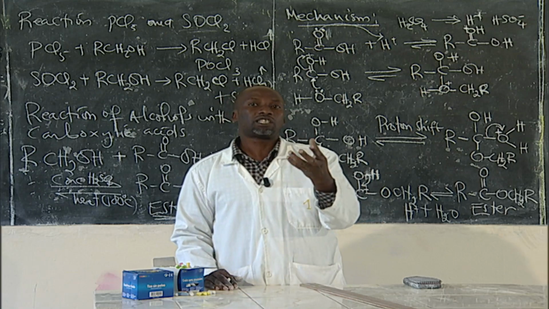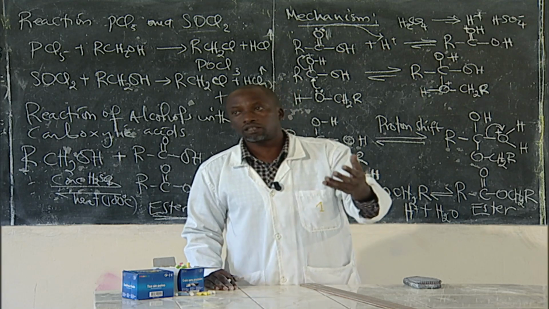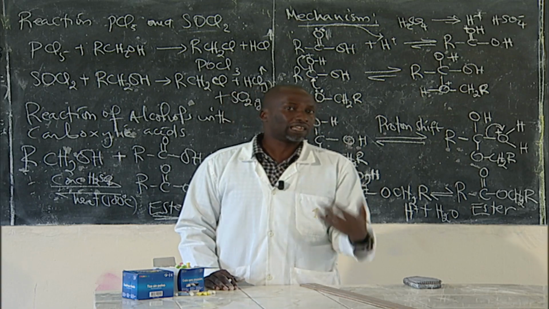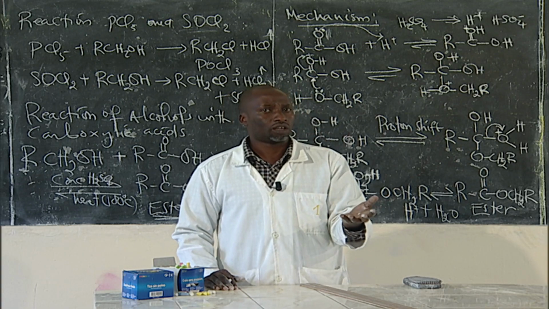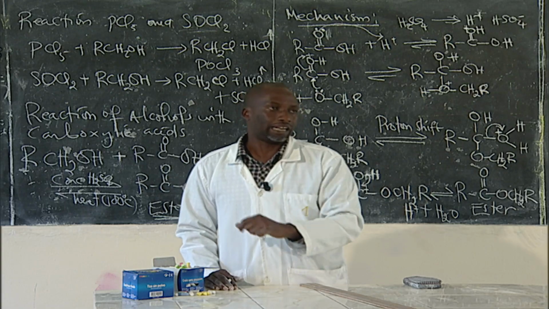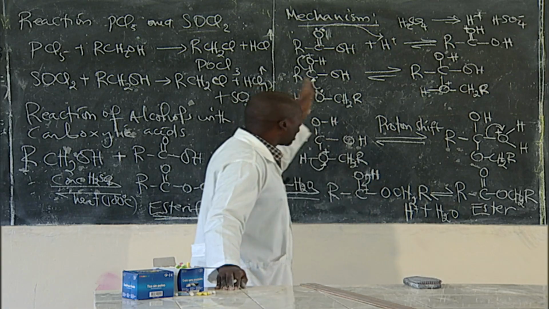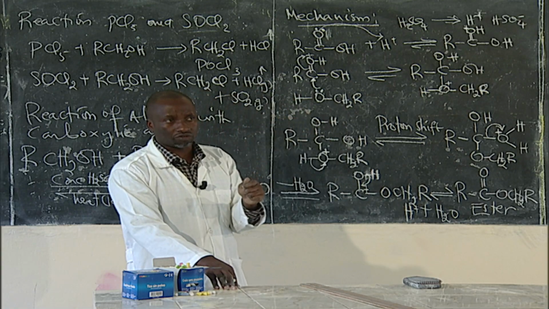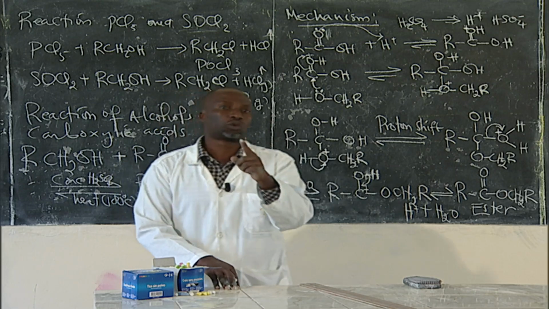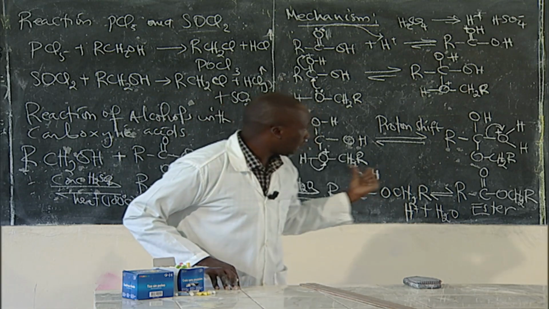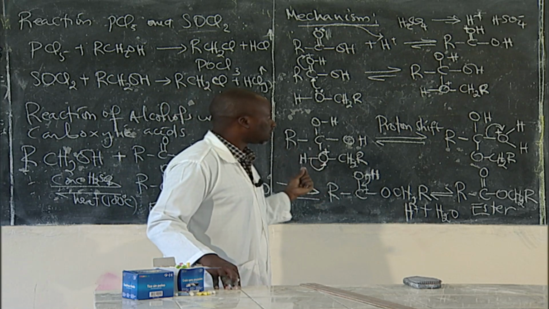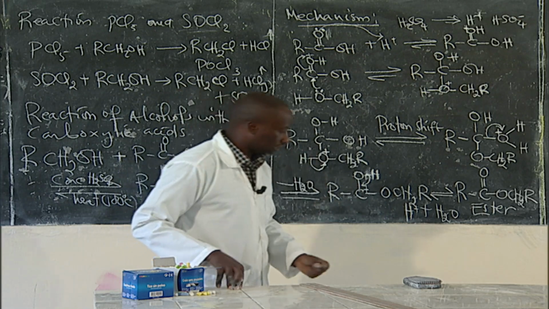If a substance takes part but is not consumed within the reaction, in that sense, we call it a catalyst. That is, the hydrogen, concentrated sulfuric acid, is used as a catalyst. Take note of that. In this reaction, in the esterification, concentrated sulfuric acid is used as a catalyst.